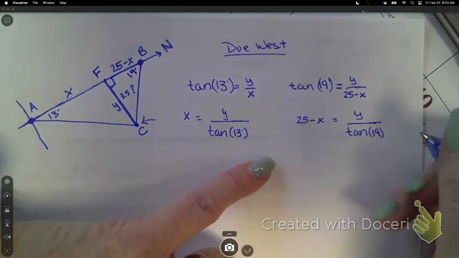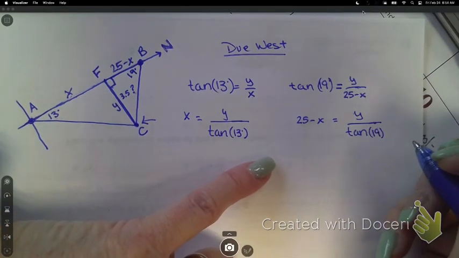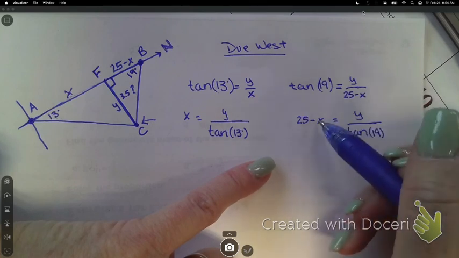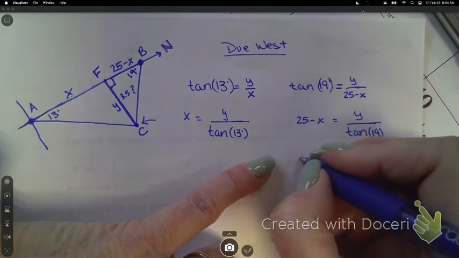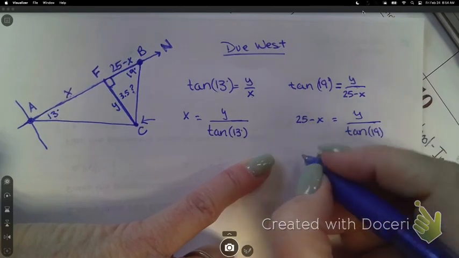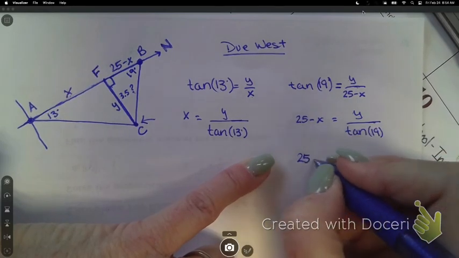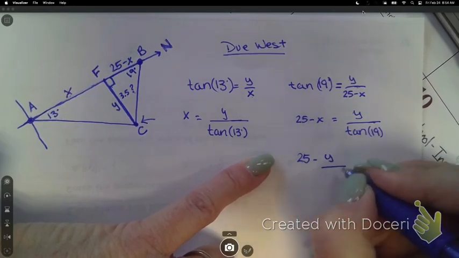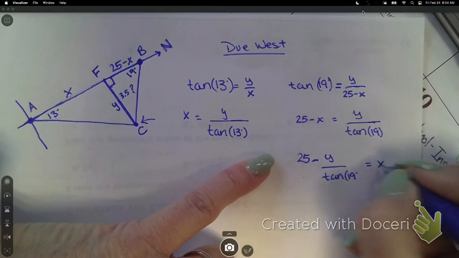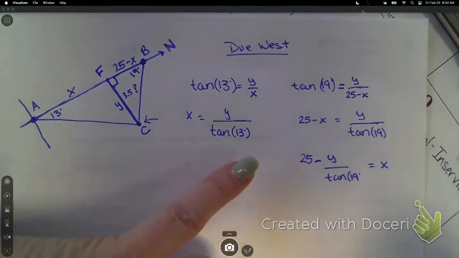No. Well, I'd have to add x and subtract this. So 25 minus y over tangent of 19 equals x.